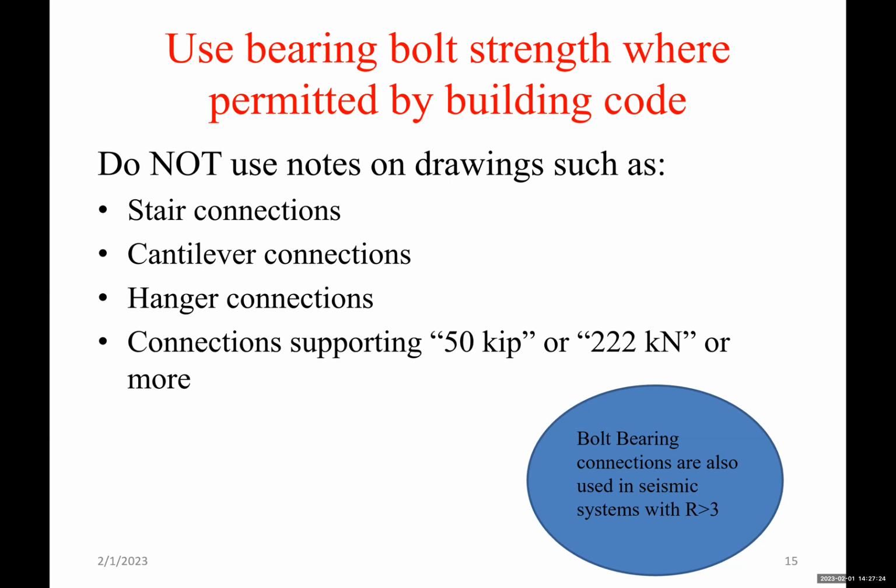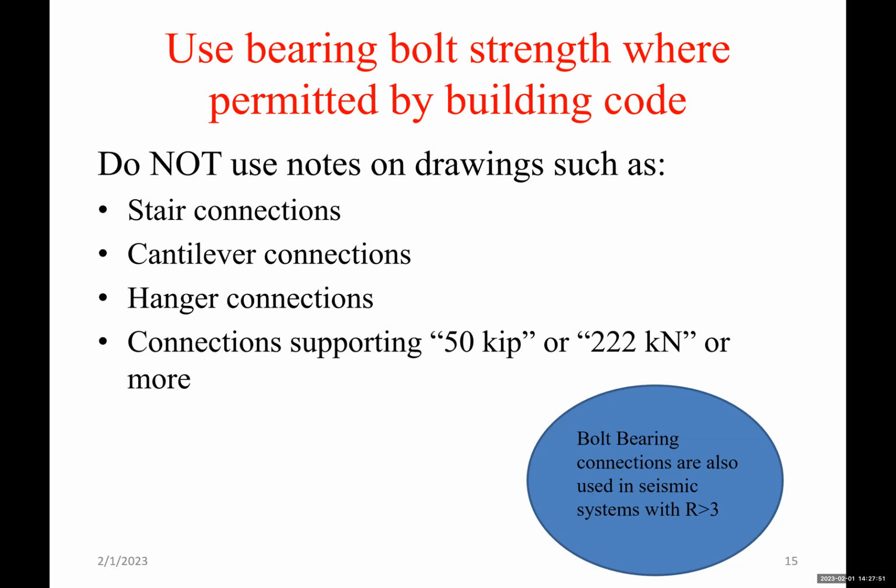Bolt bearing connections are also used in seismic systems with R equal 3. R is the response modification factor. Okay, so if R is greater than 3, then in addition to AISC 360, we have to use AISC 341, seismic provisions of AISC.